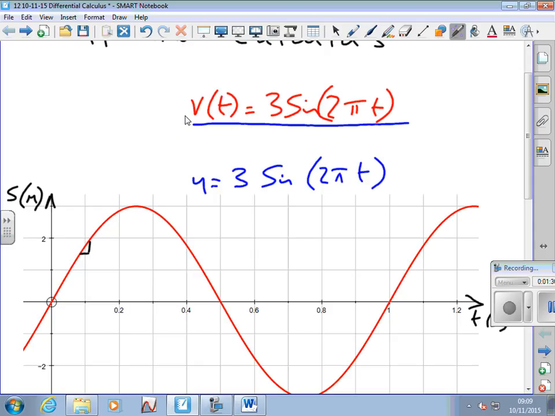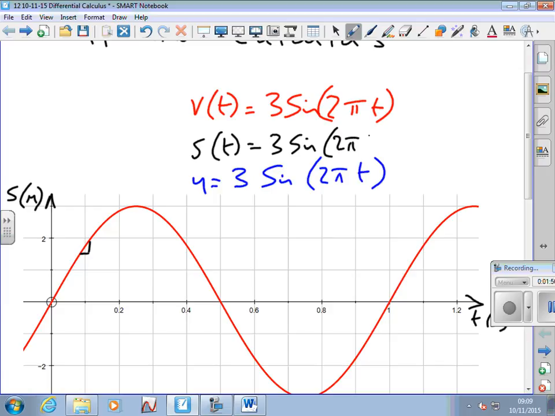It could be a voltage function, or, in this particular example, a displacement function, s, where s is a variable measured in meters. And so it could be something like s(t) equals 3 sine 2 pi t.